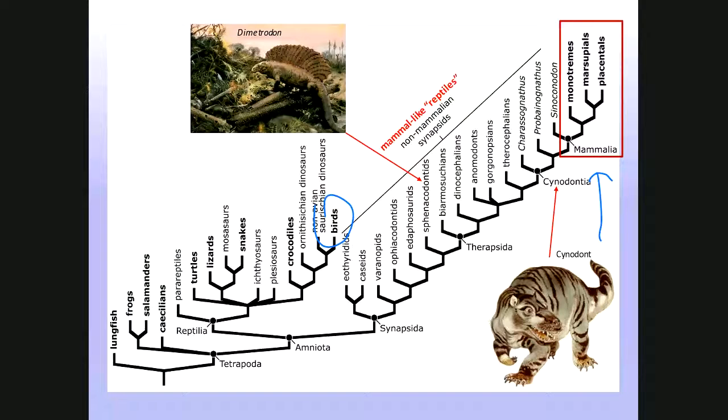That sail on the back, which is beneficial for a fish in water for stability, but Dimetrodon wasn't in water, obviously. What was the purpose of that sail on the back? Paleontologists think that perhaps the sail was used to either capture or release heat. So these organisms had a way to regulate their body temperature. So if they got too warm, they could radiate body temperature through the sail.